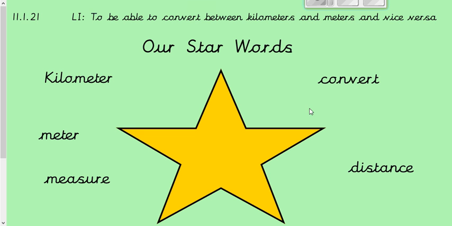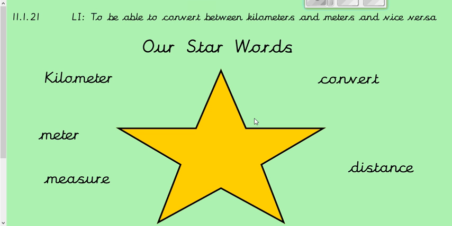The word that is a bit of an iffy one is convert, because a few of you might not know what that means, and that's fine. That's why it's one of our star words, because we're going to learn what it means. Convert just means to change something into another, either a measurement in this case or a different form.